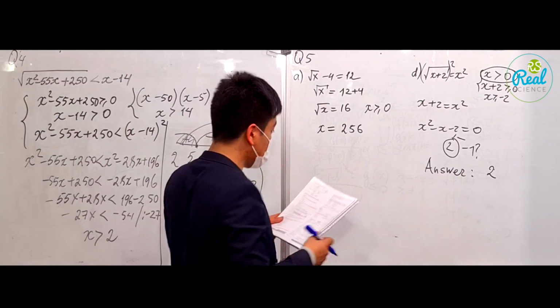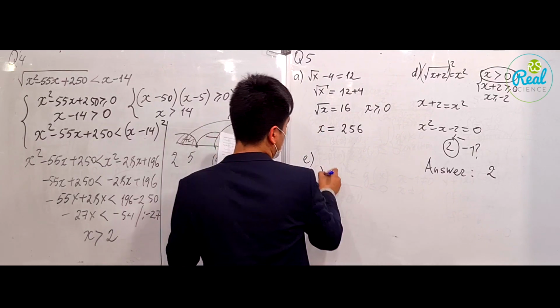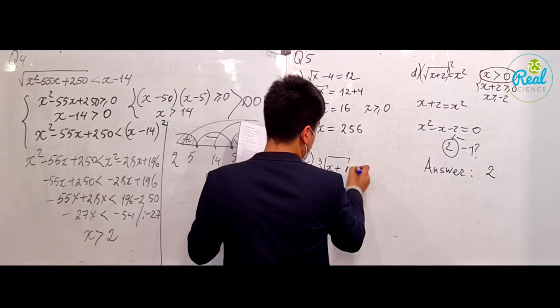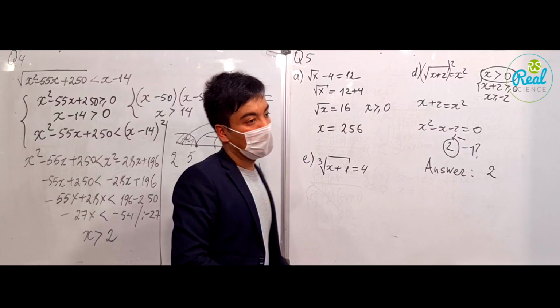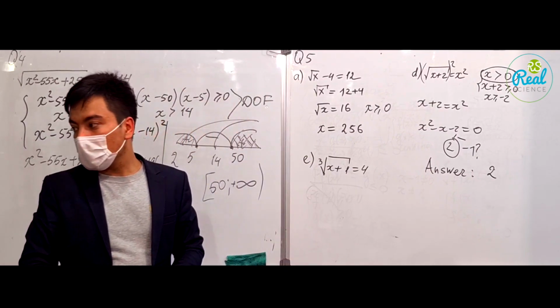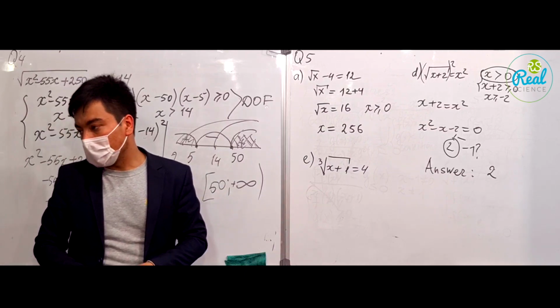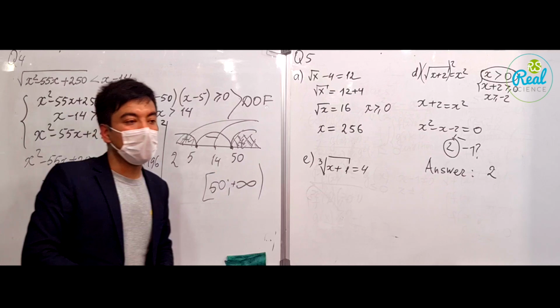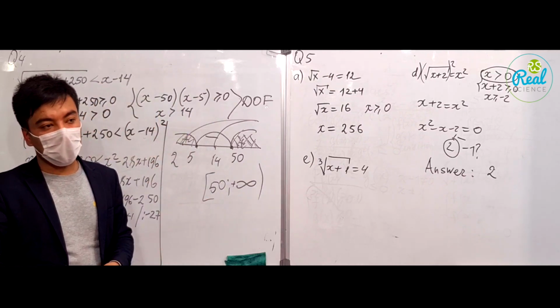So, question number 5 and E1. Cubic. Students, pay attention. If the root index is cubic, I mean it's an odd power, we don't need to find the domain of the function.